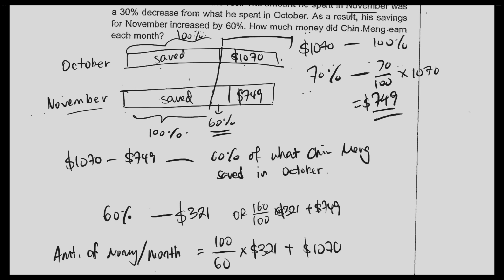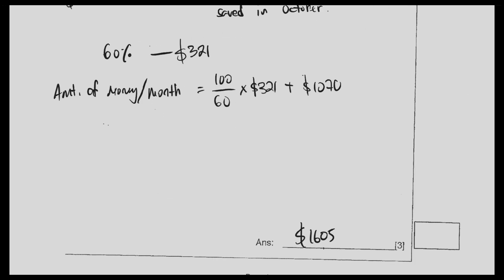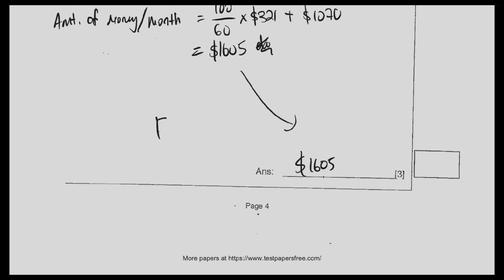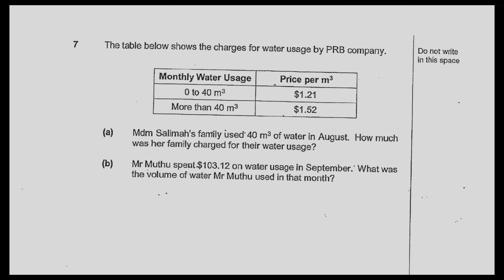But let's just use this, let's stick with this working for simplicity's sake. And what we get when we eventually compute it, right, is our final answer is $1605. Yeah, that's your final answer, and remember to write your final answer statement.